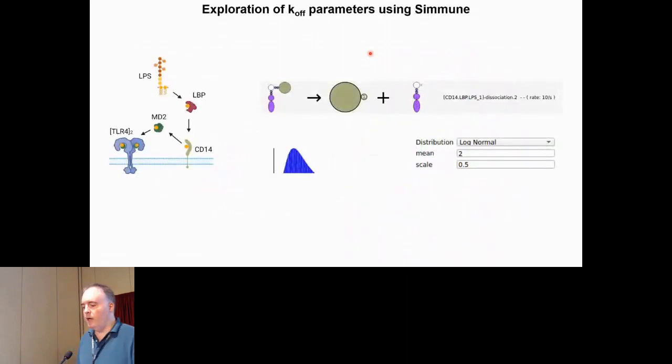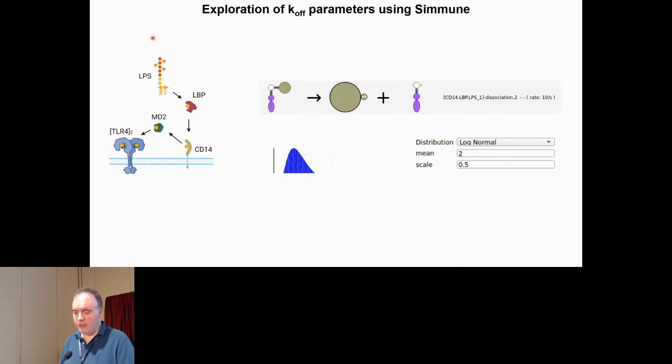Okay, so now we have our set of measured protein abundance values and some predicted values based on RNA-seq, and we have some predicted K-on values. We don't have any predicted K-off values. And so now we're using Simune, and just for a little experiment, a little test, we modeled this tiny subpathway.